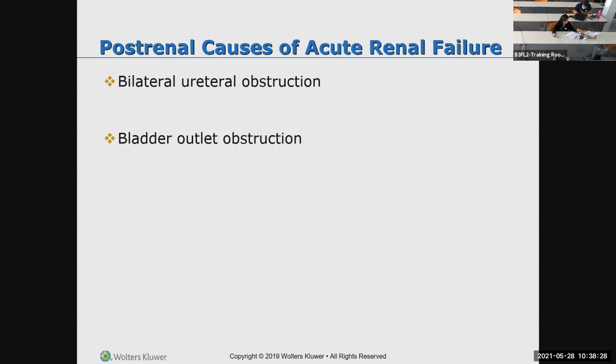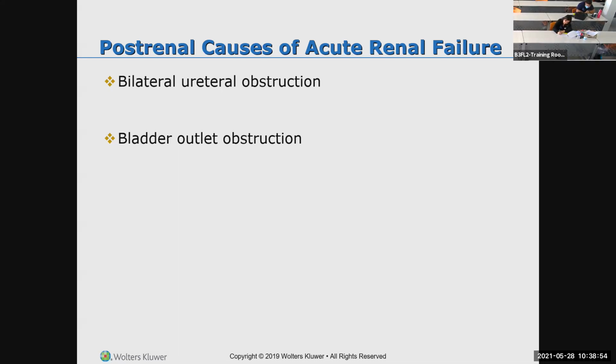Look at the post-renal causes. Maybe there is a bilateral ureteral obstruction. Or number two, bladder outlet obstruction. Bladder outlet obstruction, most commonly by an enlarged prostate.